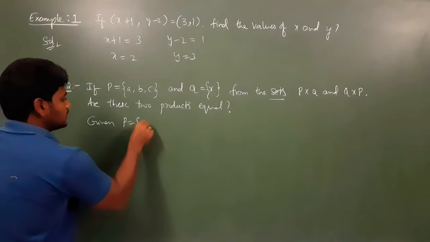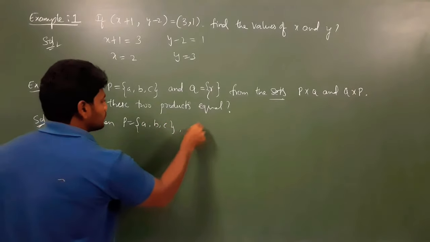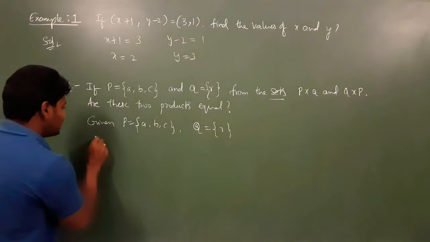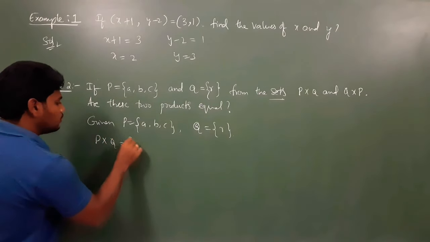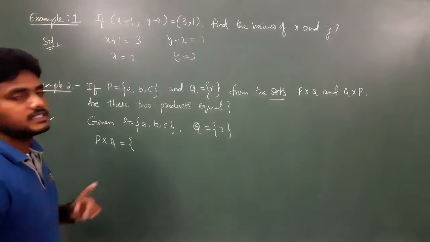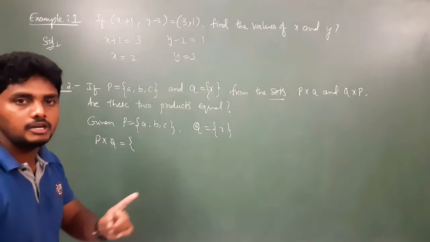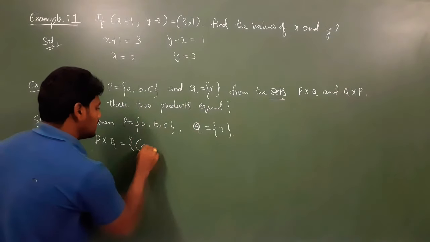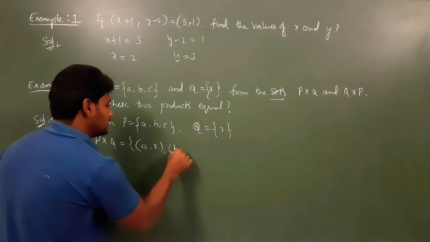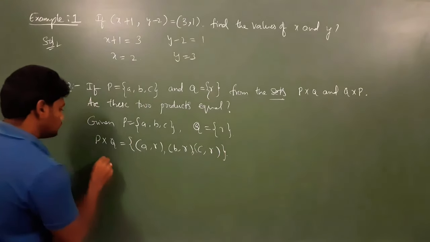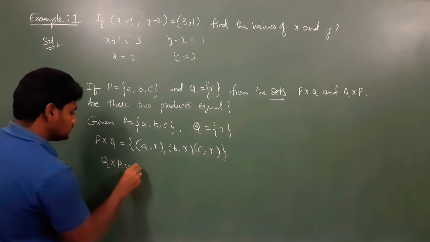So what is given? P equal to set {A, B, C} and Q is equal to set {R}. How to find P cross Q? What do you mean by P cross Q? P cross Q means the set of all ordered pairs of elements from P to Q, right? This is (A, R), (B, R), (C, R). This is P cross Q. What is Q cross P?